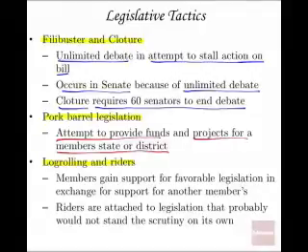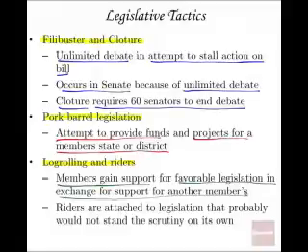There's a tactic called log rolling, in which members gain support for favorable legislation in exchange for support for other members. You scratch my back, and I'll scratch yours, right? This is the idea of quid pro quo, a lot of tit for tat going on in Congress, and that's one of the things that actually does happen.